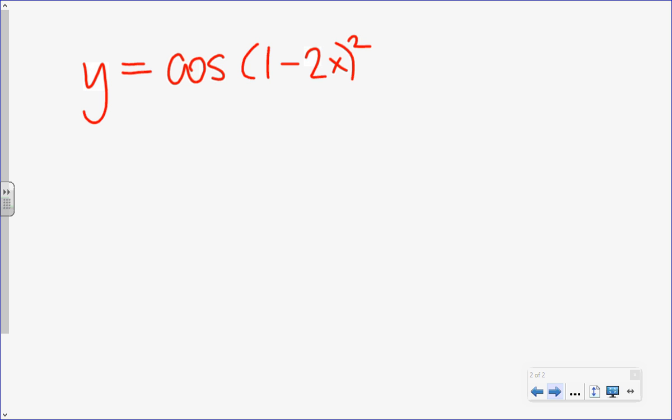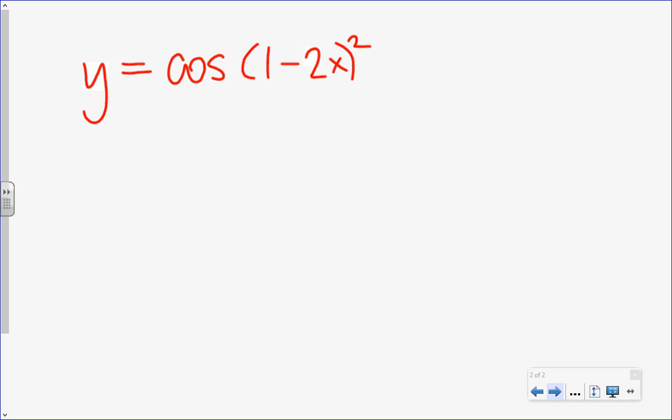Let's dial it down a notch. What is being squared? 1 minus 2x.